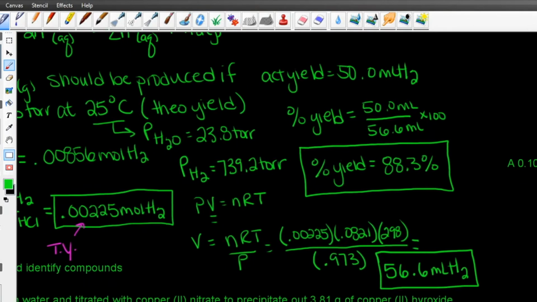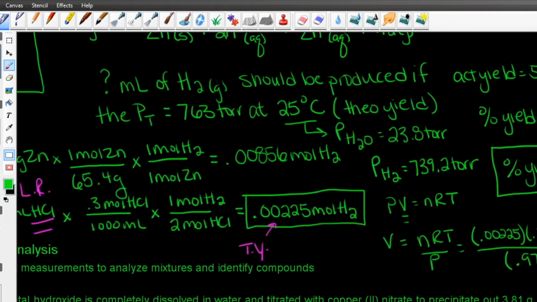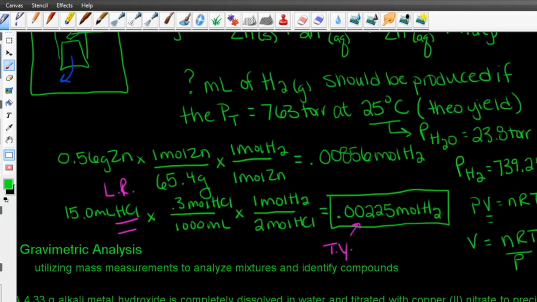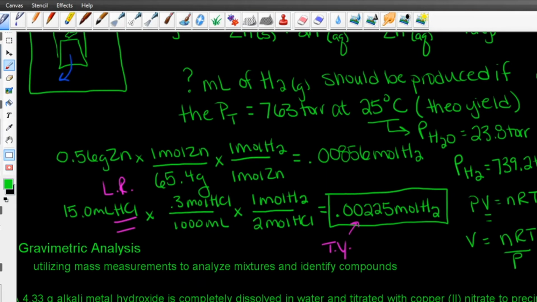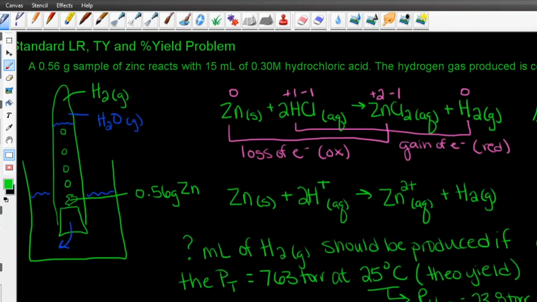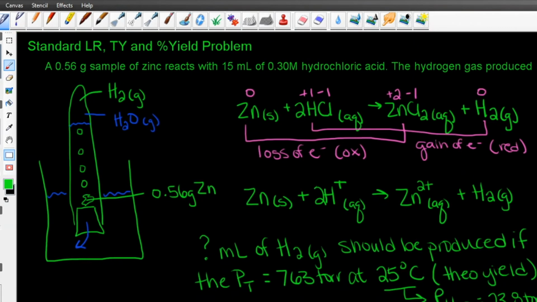Oh, I remember. We can have lots of fun with this. Let's say all of the HCl reacted, so our hydrochloric acid was our limiting reactant, and all 15 mL of that 0.3 molar reacted.